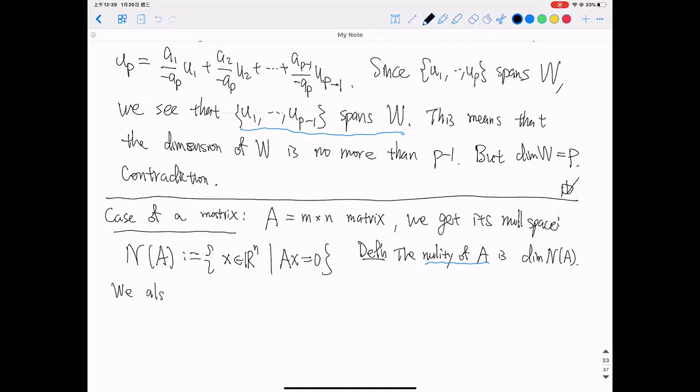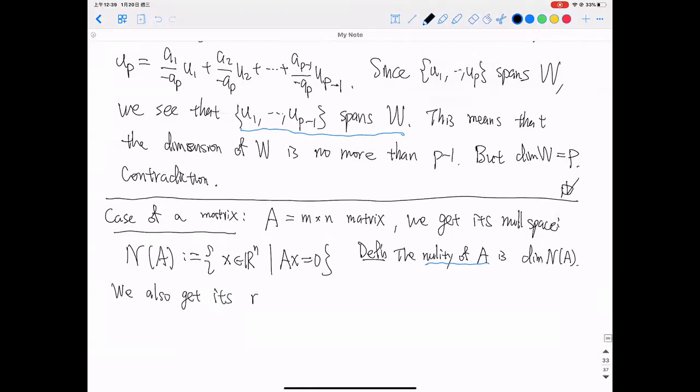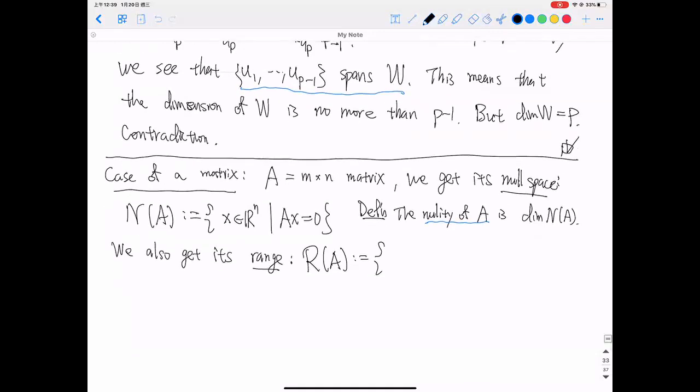We also get its range, denoted by R of A, defined to be the collection of all vectors y in Rm such that y is equal to A times x for some x in Rn.